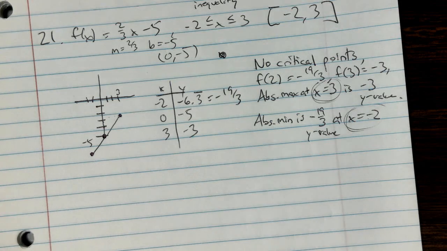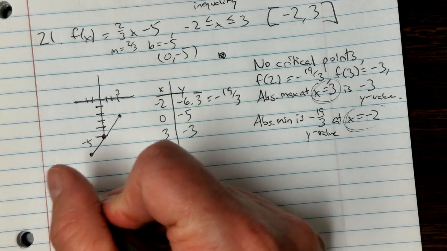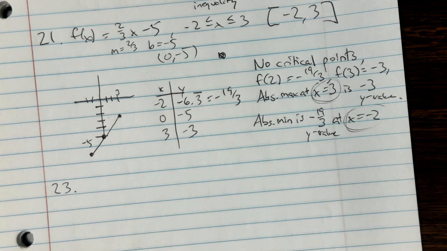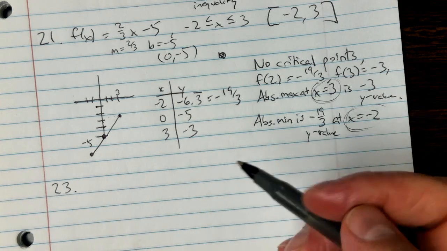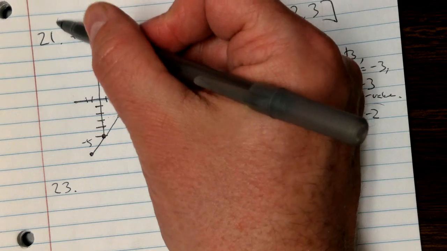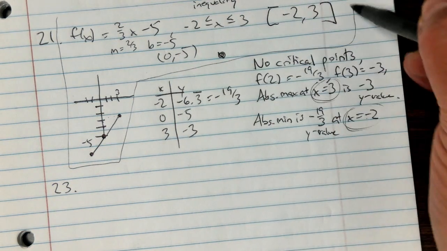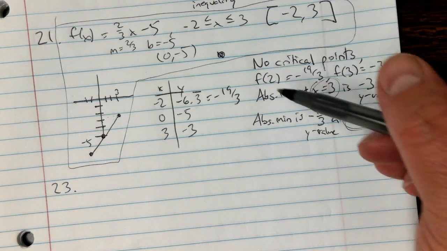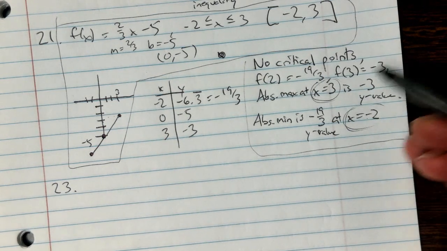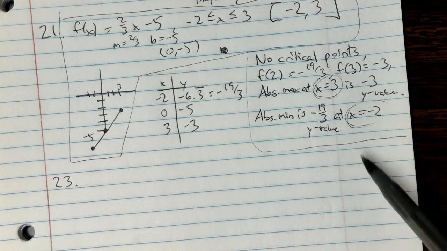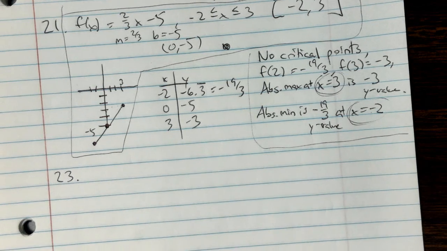Okay, so that's 21. 23. Okay, so again, what you have to have, I mean, probably the whole thing, but yeah, that.